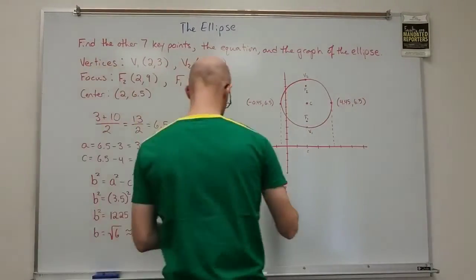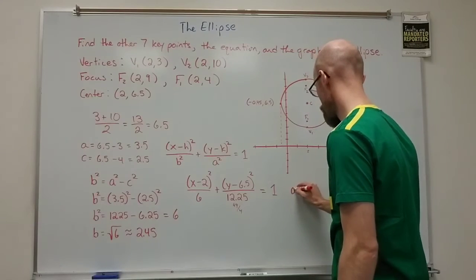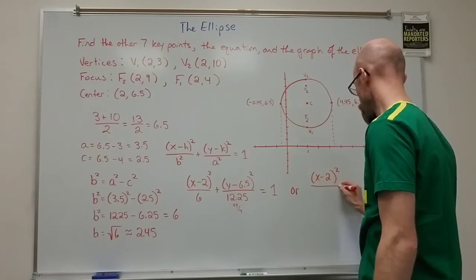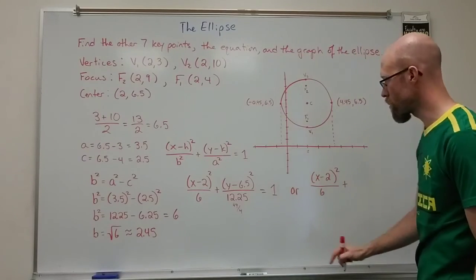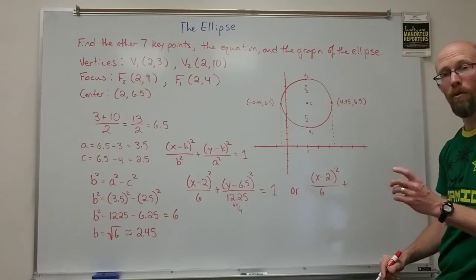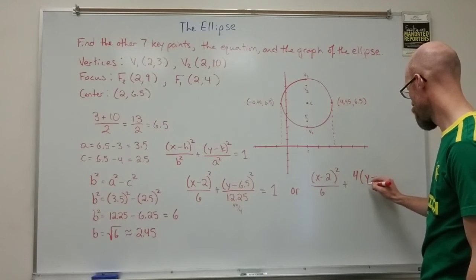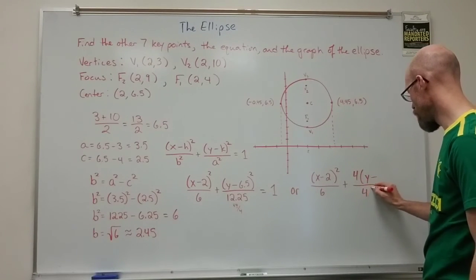I could really write this in fraction form as x minus 2 squared over 6 plus, now if I multiply by 4/49, that would be 4 on top and a 49 on the bottom.